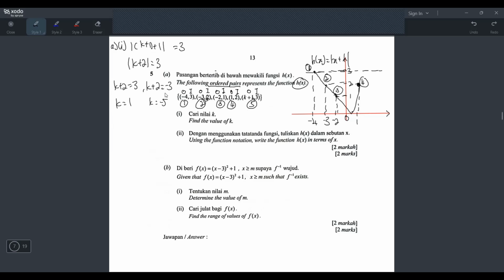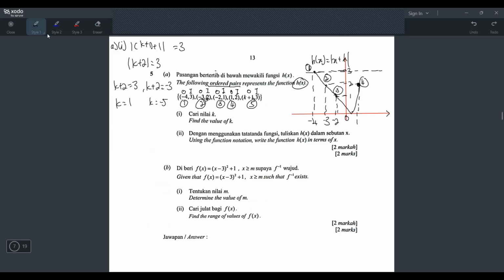But if you think logically, you will know the k is actually... wait, did I do it correctly? k plus 2 equals 3. 3 minus 2 is 1. -3 minus 2 is -5, right?